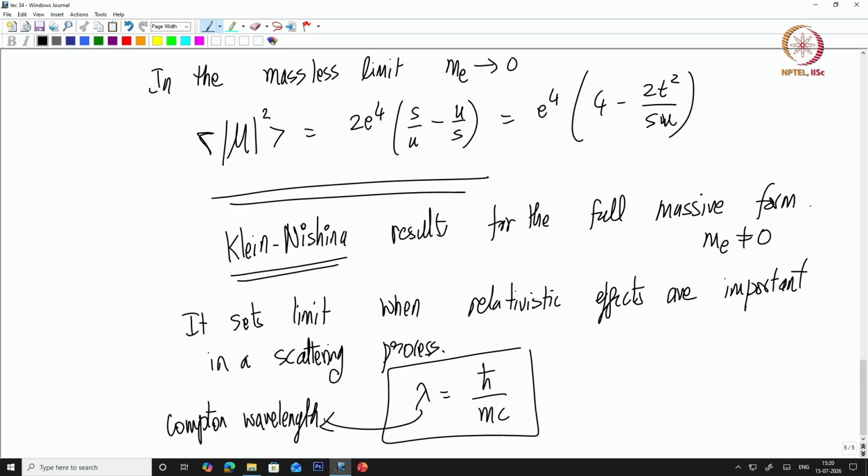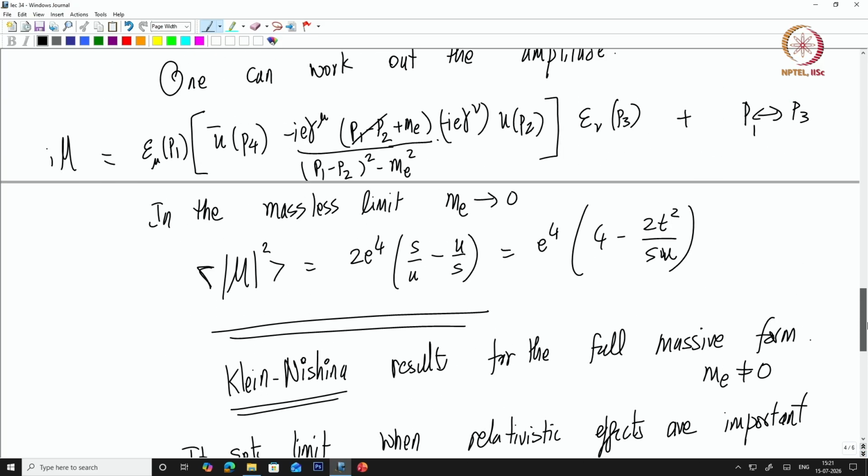So below this wavelength, for the given mass of the particle or the scatterer, the relativistic effects become very important. If the wavelengths are much larger, they can be neglected and you can work everything out essentially.